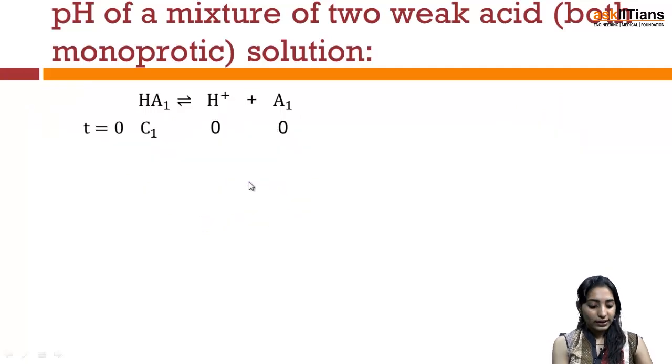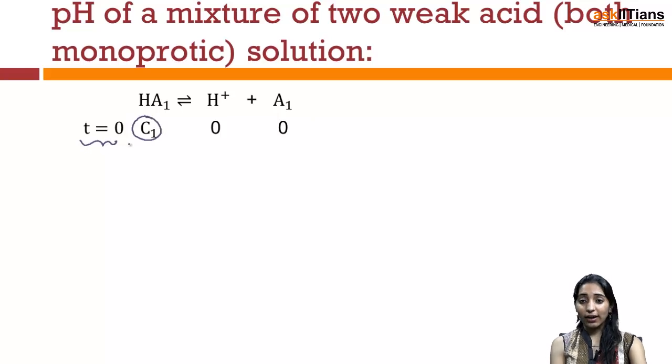Let's consider both these two acids one by one, and let's try to find out the concentration of H positive given by the respective acid. So, if I write this for the first acid HA1, it will follow the equilibrium H positive plus A1 minus. At time t equal to 0, the concentration of HA1 is C1, and this is 0, this is 0.